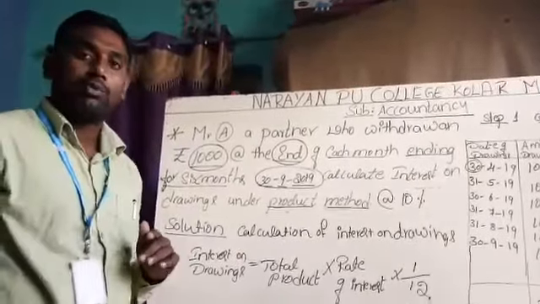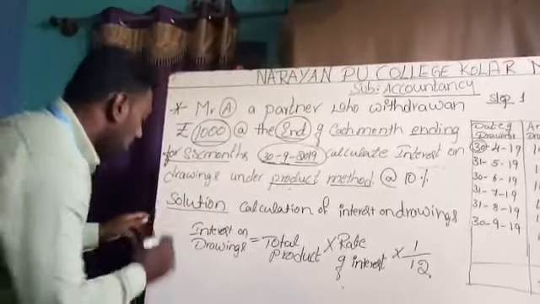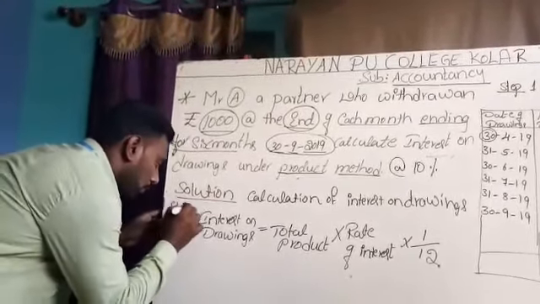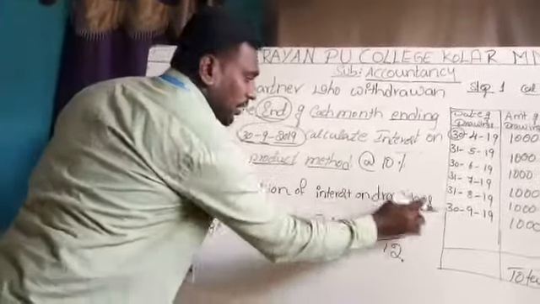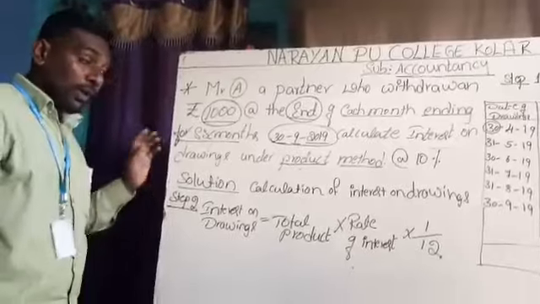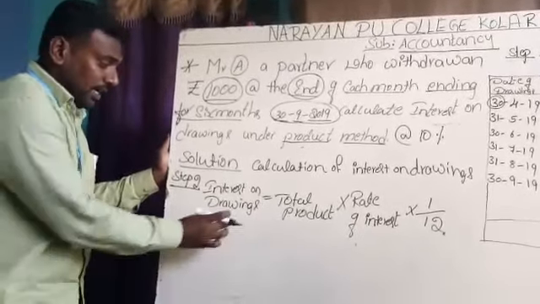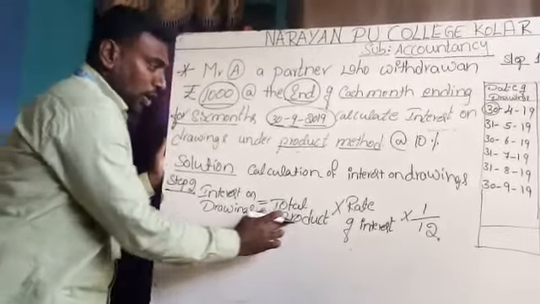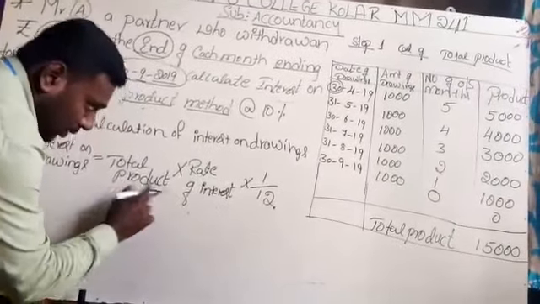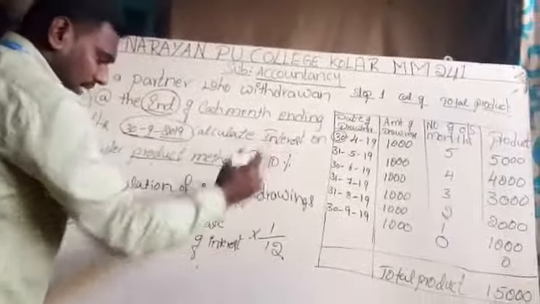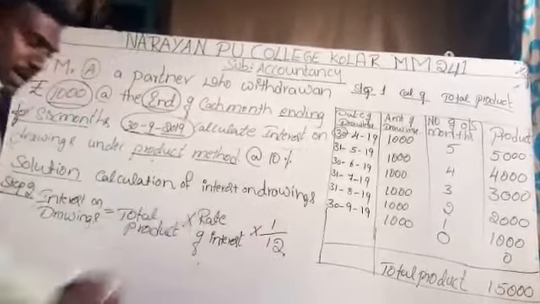Once we have found step number 1, we will move to step number 2. Step number 2, calculation of interest on drawings. Interest on drawings is equal to total product, which we have already calculated, into rate of interest, given as 10%, into 1 divided by 12 per month.